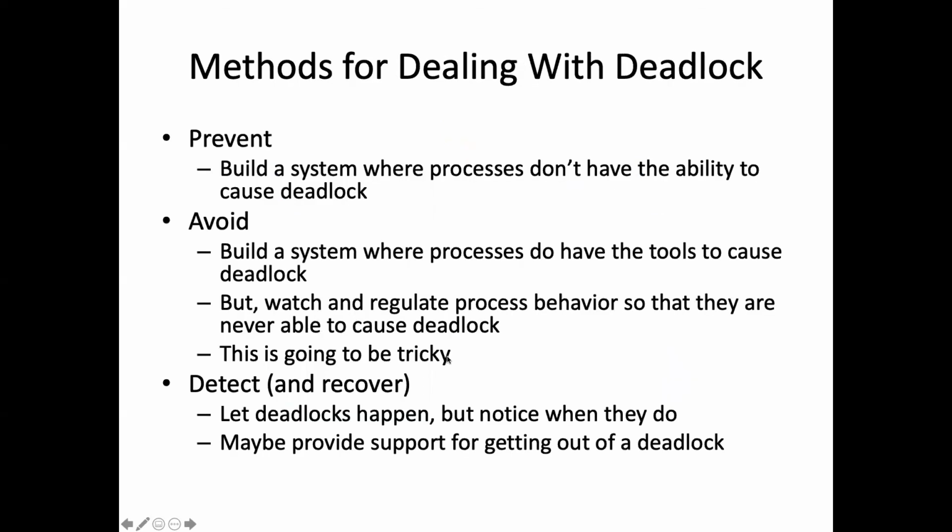And can I try to steer processes so they never actually get into a deadlock? So I'll let them request resources whenever they want, use them for as long as they want. I'll just try to make sure they never actually cause a deadlock. And we'll save that one for last. I think it's the trickiest one to talk about. But by the time we get there, we'll be ready for it.